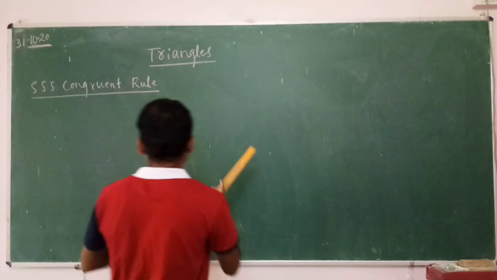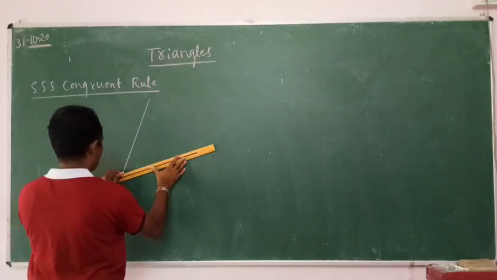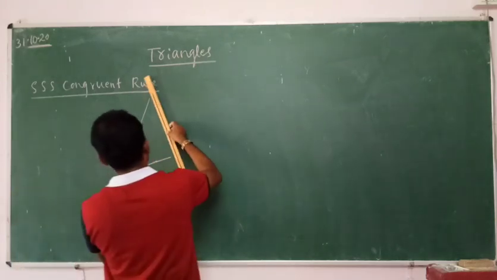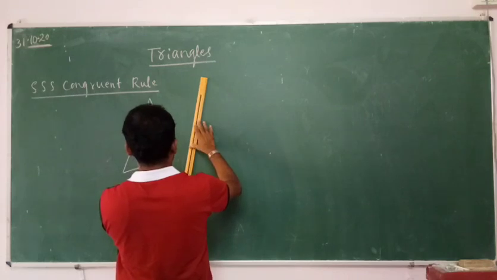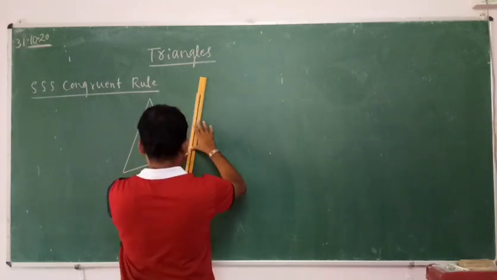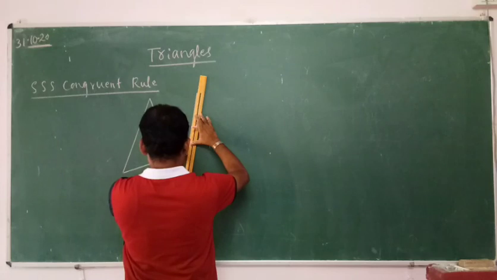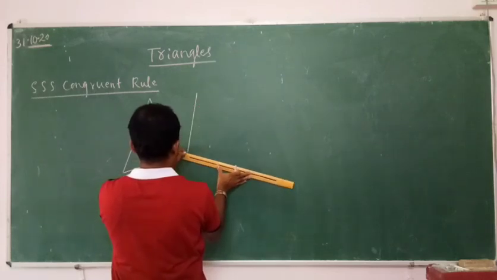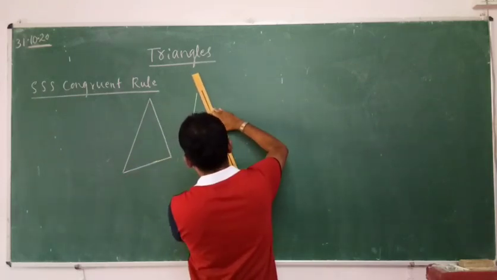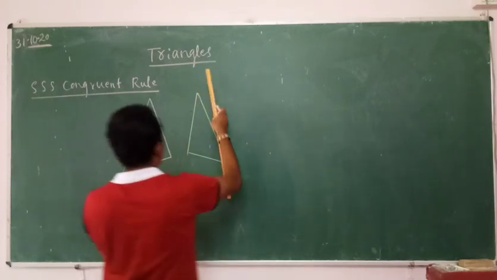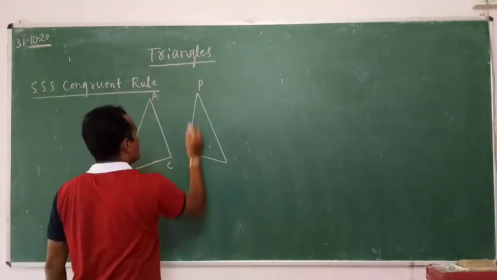Let us take two triangles. Okay, let me call this ABC and this PQR.